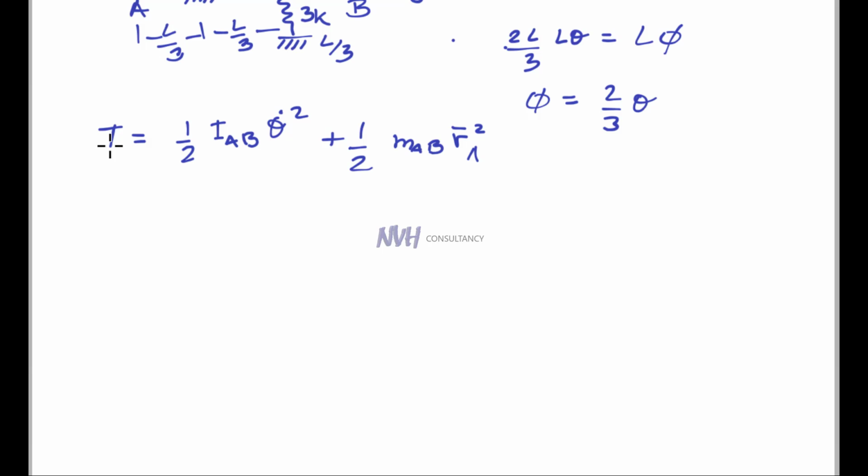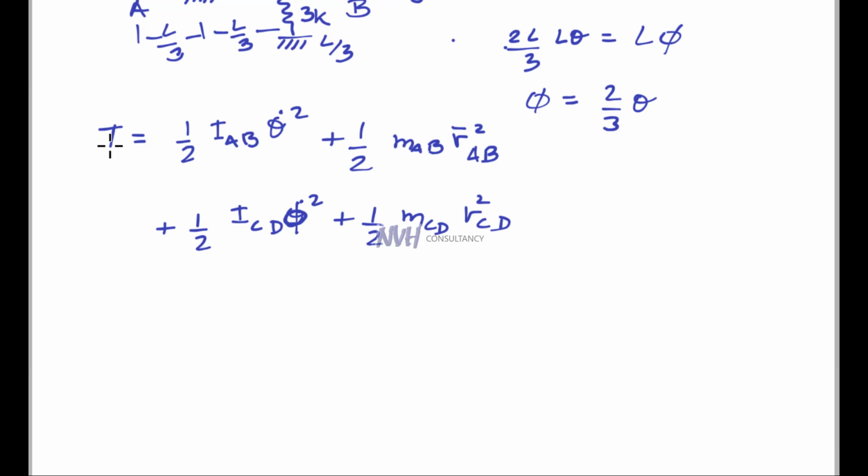So half M V square, plus half, now for the rod CD, again similar. So this is phi actually, plus half M_CD V square. So for rod AB and rod CD, this is the kinetic energy.